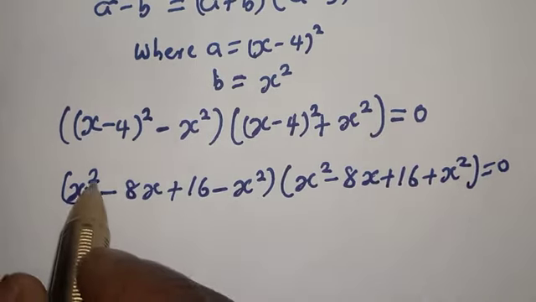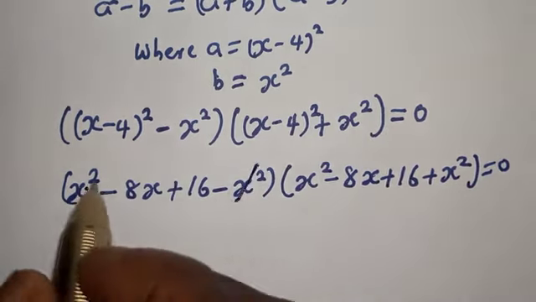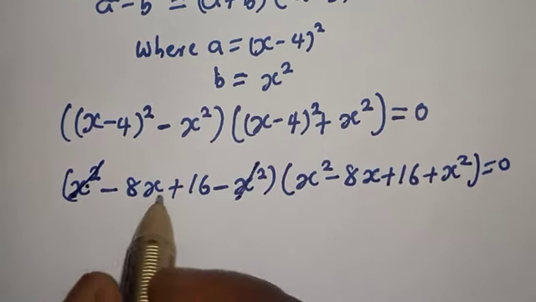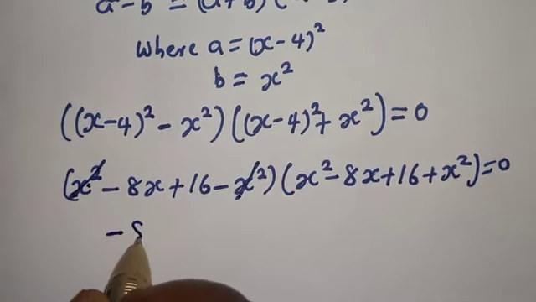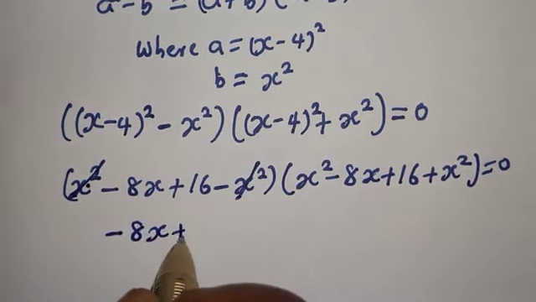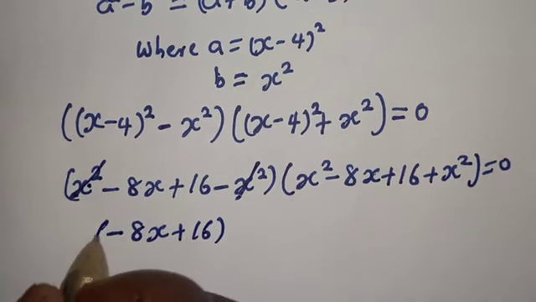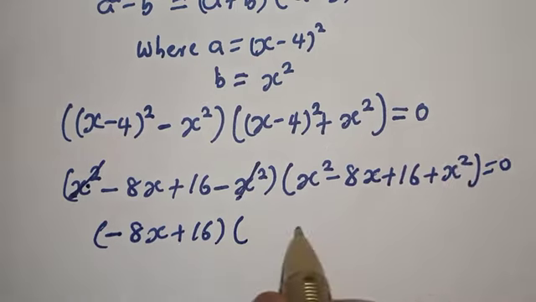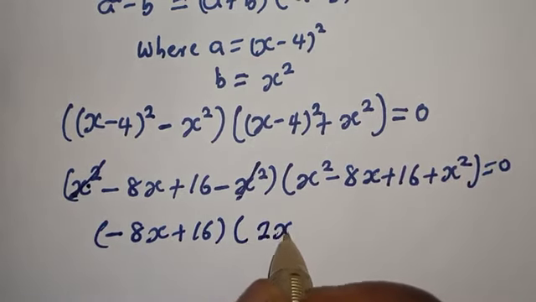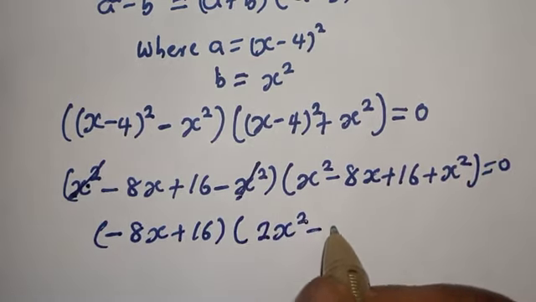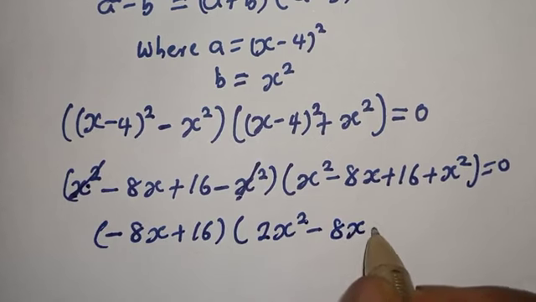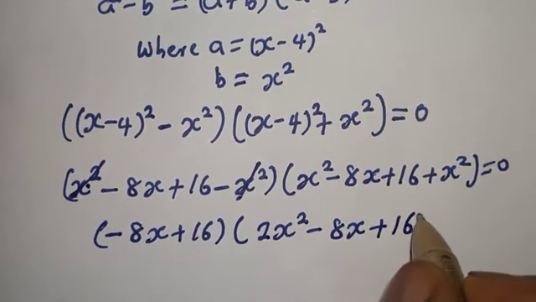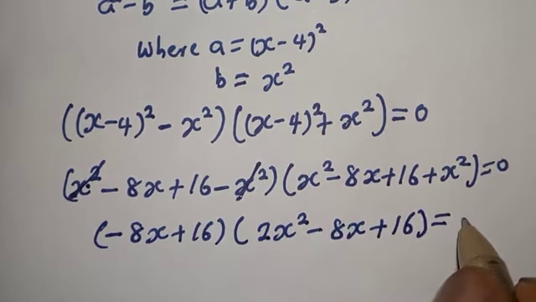Then from here we have s^2 minus s^2, we cancel this. We are left with (−8s + 16) multiplied by (s^2 + s^2), that is 2s^2 − 8s + 16 = 0.